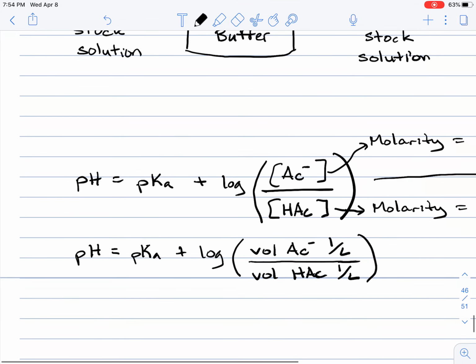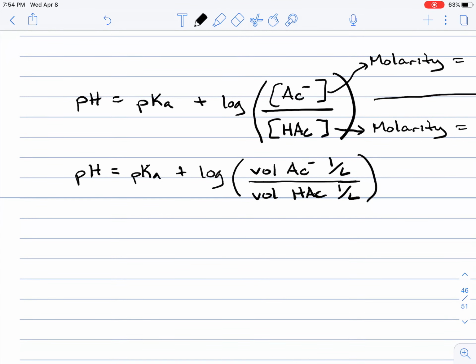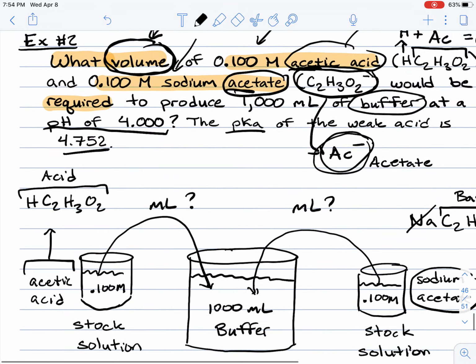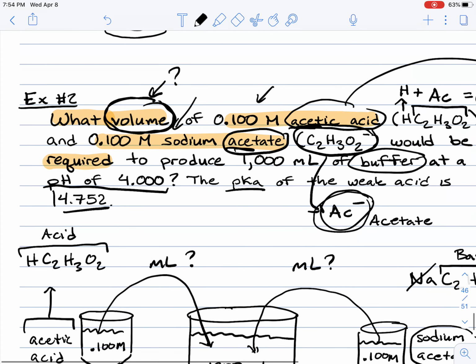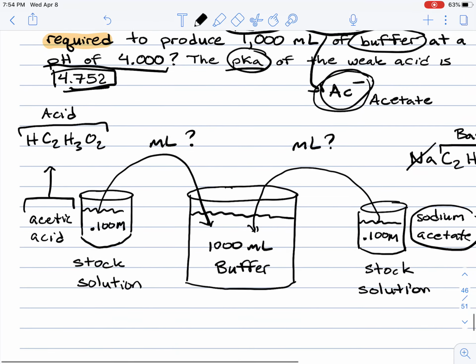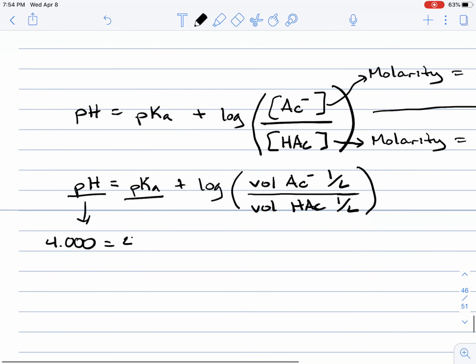All right, and so we need a couple things. We need to figure out the pH and the pKa. So the pH is already given to us to be 4.000, and the pKa, I believe it was given to us. We didn't really have to convert it. It's 4.752. Okay. So 4.752 is the pKa.